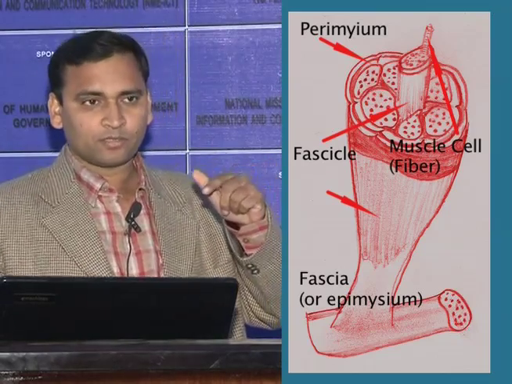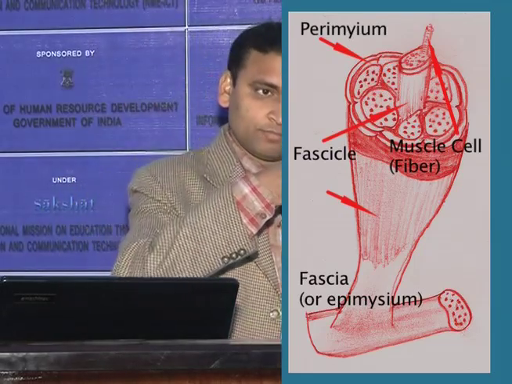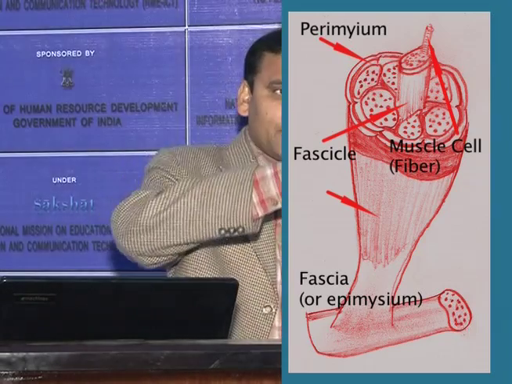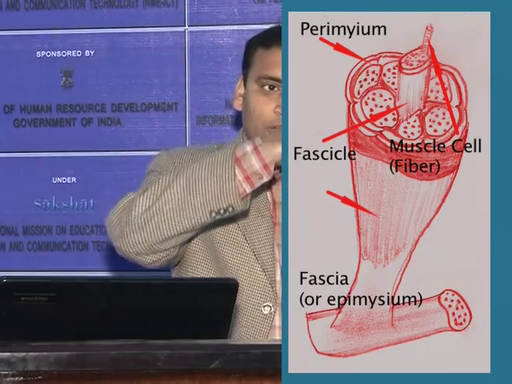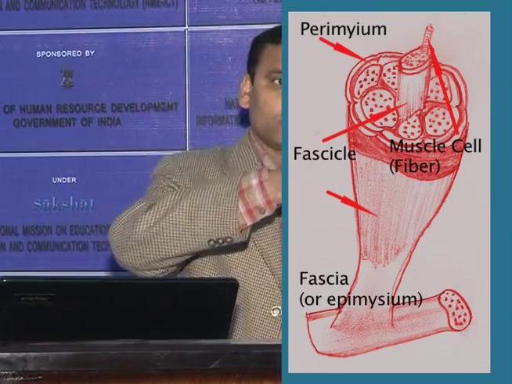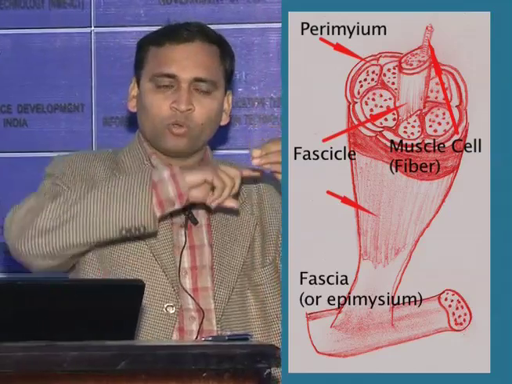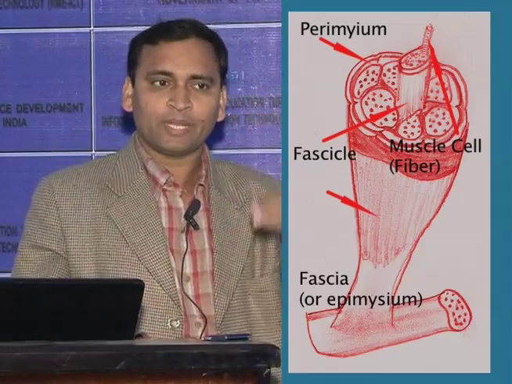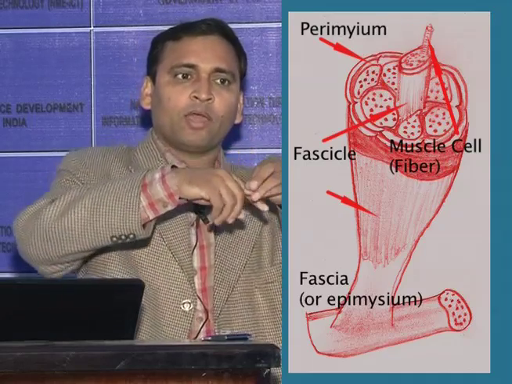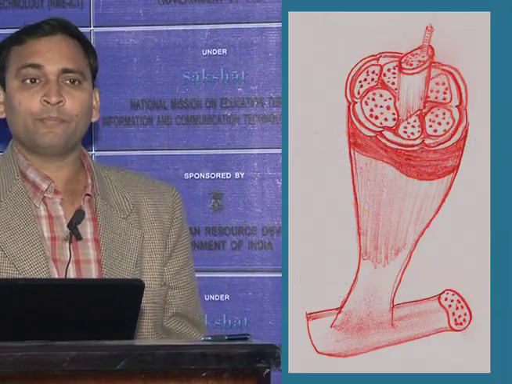Suppose this is one fiber enclosed in an endomysium, then many fibers along with endomysium are wrapped in another connective sheath known as perimysium. There may be a number of perimysium, and then again they are covered with the next sheath known as epimysium.